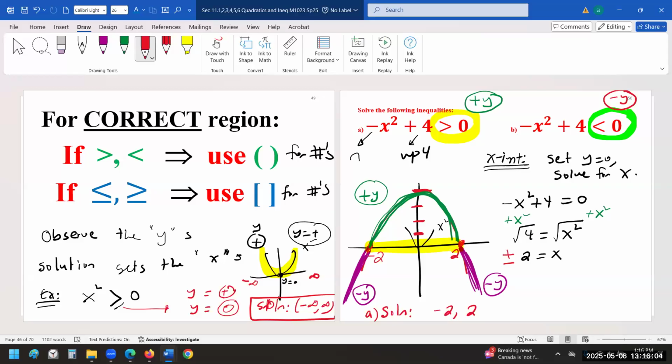Parentheses, because you don't have the equal sign. No equal sign means parentheses. And these are numbers. That's it. Not y's. Negative 2 to 2.